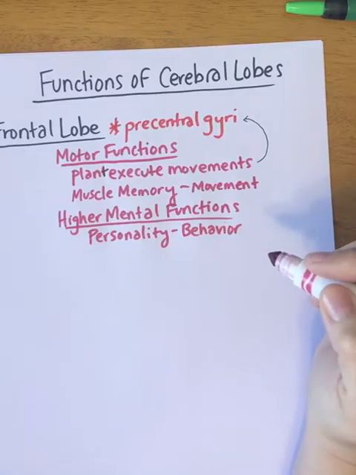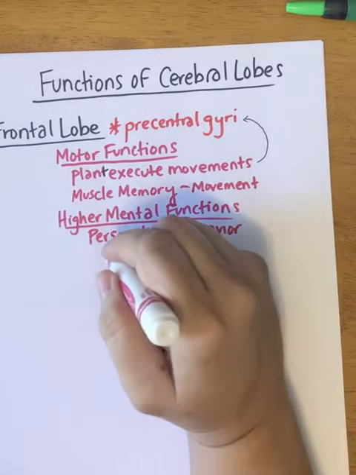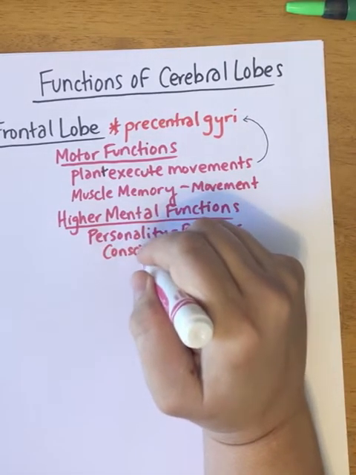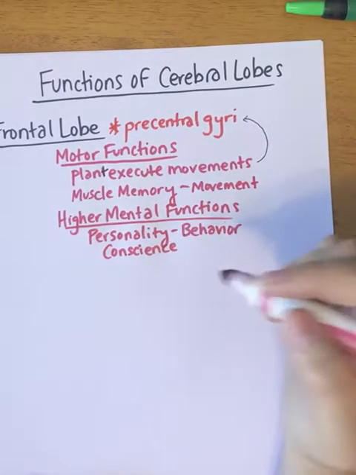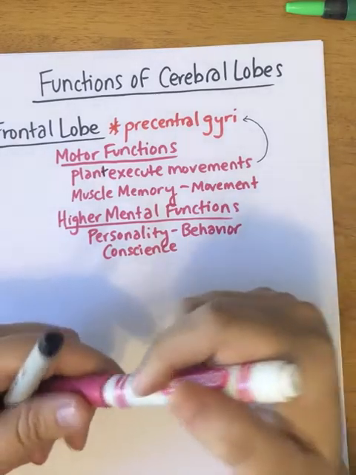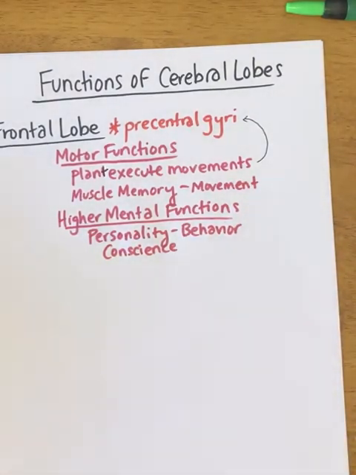Higher mental functions, your conscience, if you think it's okay to cheat on a test or steal from someone, that's all from the frontal lobe. So this gets developed when you're a child. So if you don't like someone's personality, they didn't have good things that build their frontal lobe.